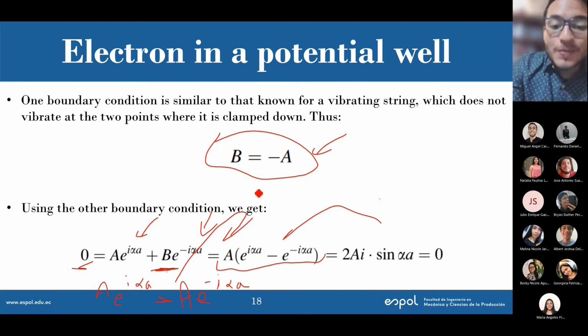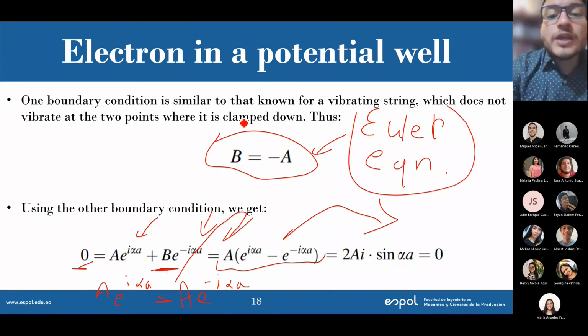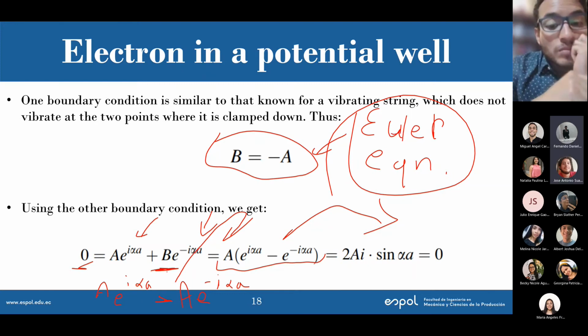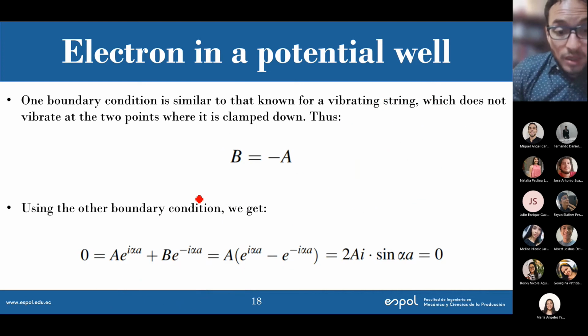And from this step to this step, did you guys learn about the Euler equation? Yeah, we did. Okay, so if you use the Euler equation, you can get from this to this.